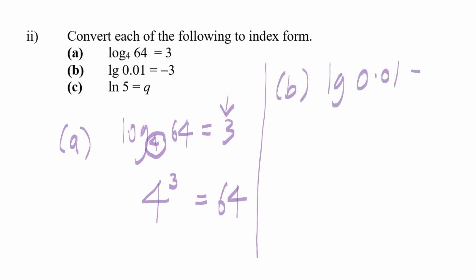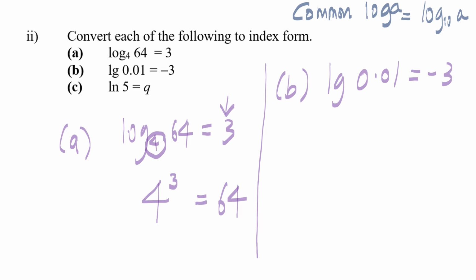This one is a bit tricky. Why a bit tricky? Because the previous slide we learned natural log. There's another type of log called the common log. Why is it called common log? Because it can be found in almost every calculator. The symbol for common log is actually log base 10. Common log is log base 10.